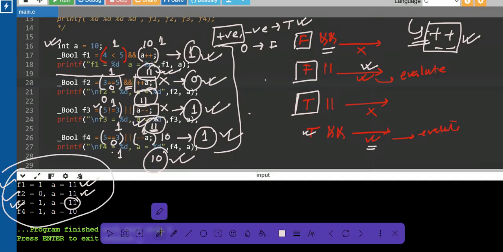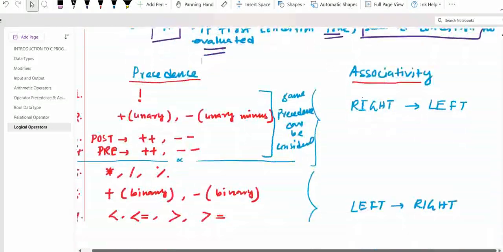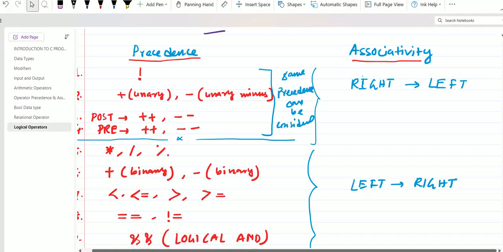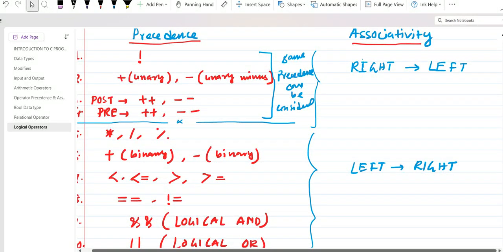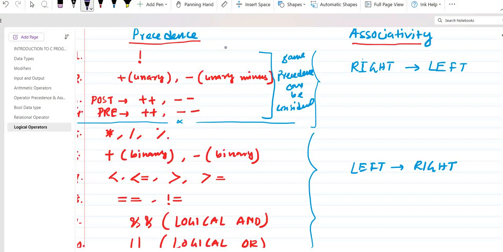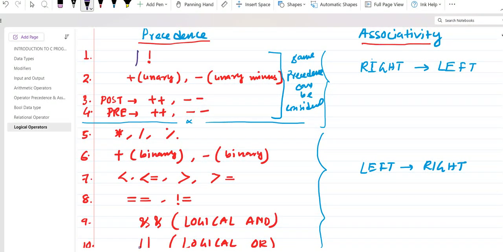Okay, so now let's combine all the operators together. Only the last topic remains, that is the precedence of the logical operators compared to the others, along with the associativity. I hope you remember I mentioned that unary operators are always higher in precedence. So we have the unary logical not, which you can see at the top of the table.